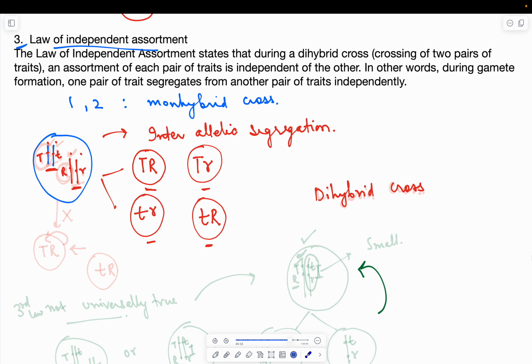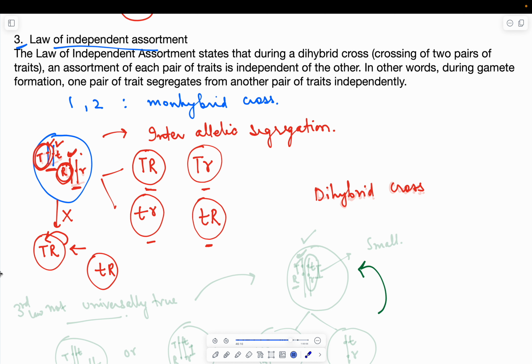I'll repeat, the segregation of this R is independent of the segregation of this T. There is no such rule that R will go only along with capital T. So it's not like there will be formation of only one kind of gamete. No, R can segregate with capital T as well as with small t.